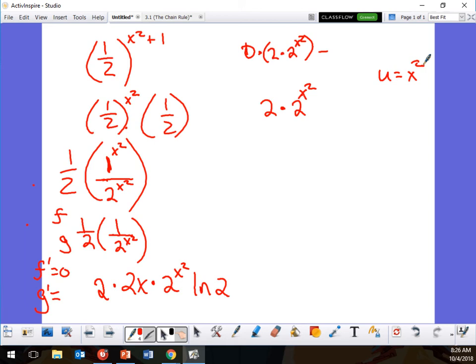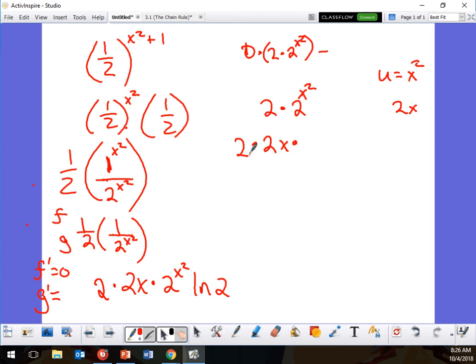What's the derivative of that? 2x, right? So I have the derivative of this, so it's going to be 2x times, and that 2 is a constant, so it's just going to stay out front here. The 2 is a constant, it's going to stay out front, okay?